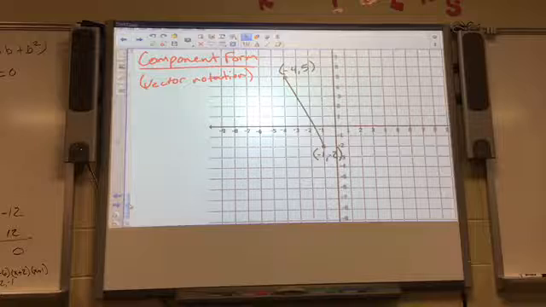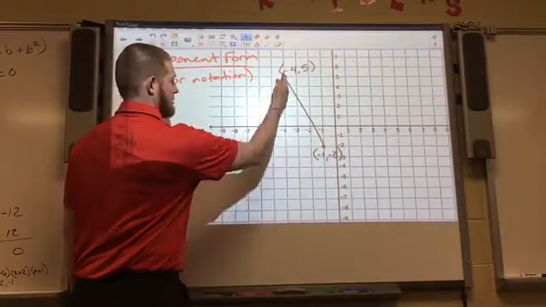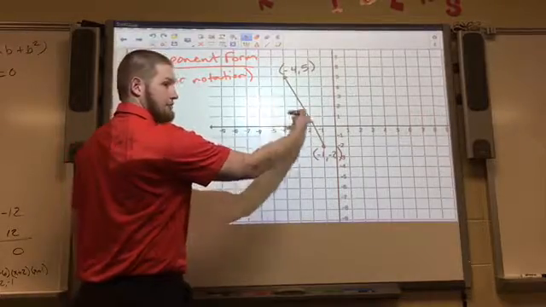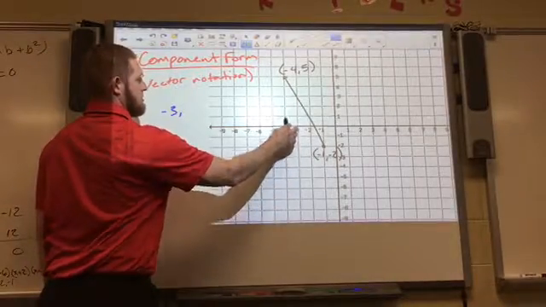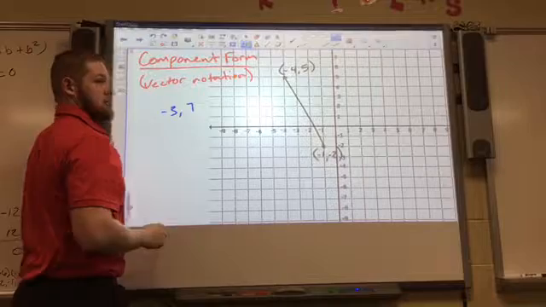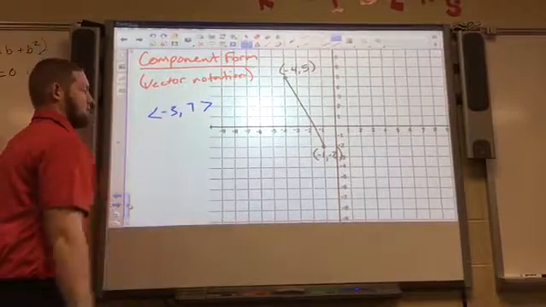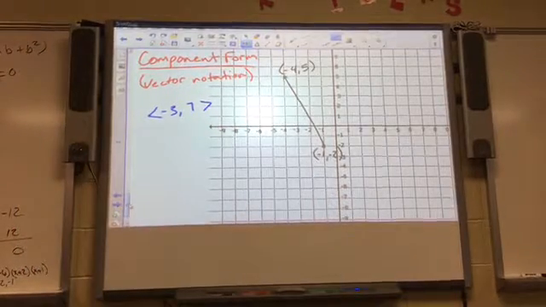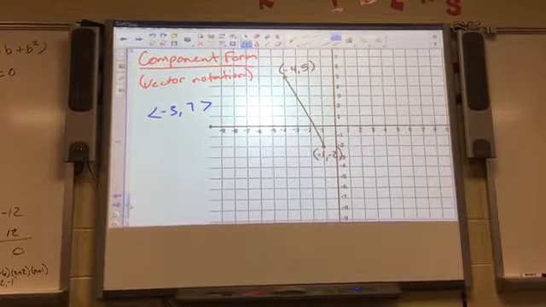In component form, you can still tell which direction you're going and how far. How much does my x change here to get to here? 3, but negative, right? Because it's left. So I have negative 3, comma, and my y changes 7. Positive, because I went up, right? The difference in component form is you have these funny brackets around it. Those brackets are going to tell you that you have a vector. If you don't have those brackets, you don't have a vector.